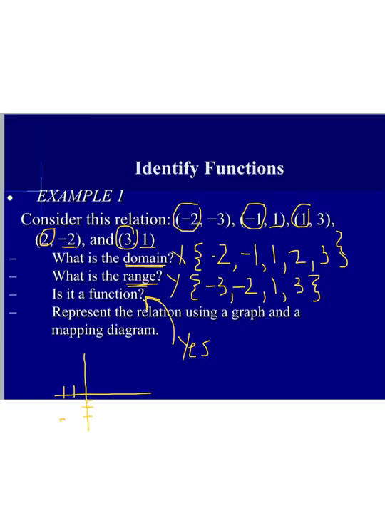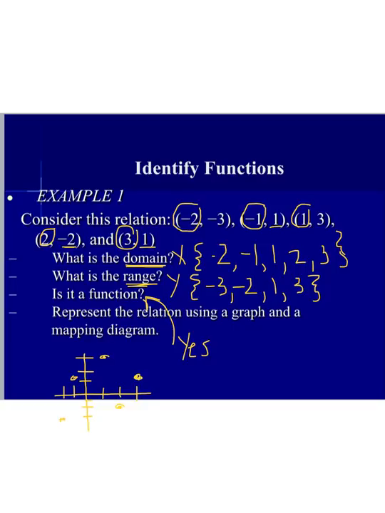And then (-1, 1) would be here. And then (1, 3) would be here. And (2, -2) would be approximately here. Again, I'm kind of making these not evenly distributed. (3, 1), because it is hard to write with this pen on the iPad. And so those are just a list of points. So you would just leave them, don't connect them. They're just a list of points.